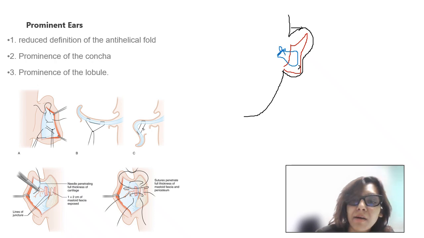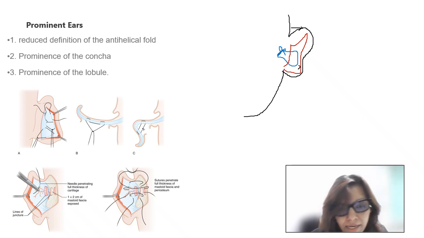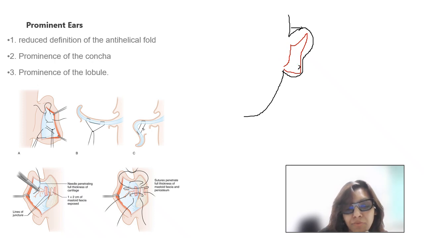That is the Mustarde suture. What Furnas did was he postulated that it was due to the aberrant insertion of the transverse auricular muscle. So he divided the transverse auricular muscle and then did the same thing. He took multiple stitches between the cartilage and the mastoid fascia.